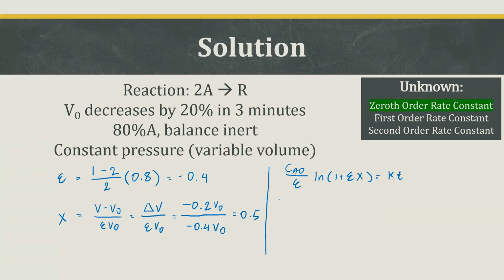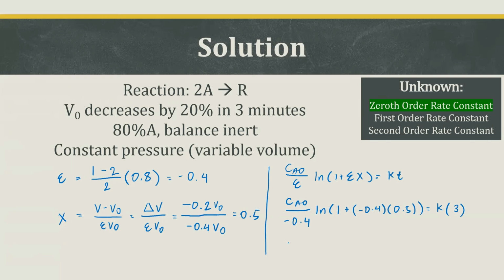Then we now substitute the values. So that's going to be CA0, since we don't have a specified value for CA0, over the epsilon, which is negative 0.4, ln of 1 plus epsilon, negative 0.4, times x, 0.5, equals k, and then t, which is 3.